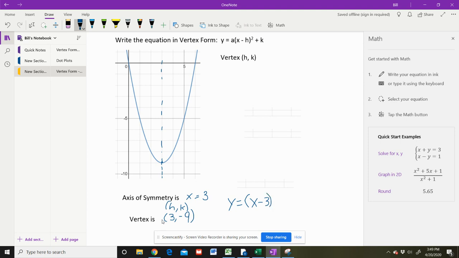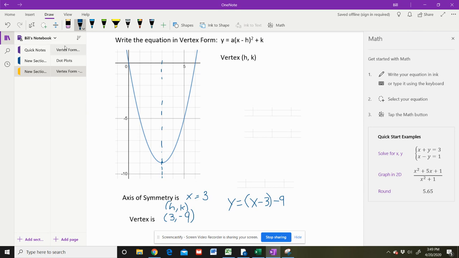And then I do the opposite sign, right? So it's always a minus. If it's a positive value, it's going to be minus that value. If this was a negative 3, it would have been a plus 3, right? So I always look at the opposite there. And then this would be the same. So it's plus k, but in this case my k is a negative 9, so I go minus 9.